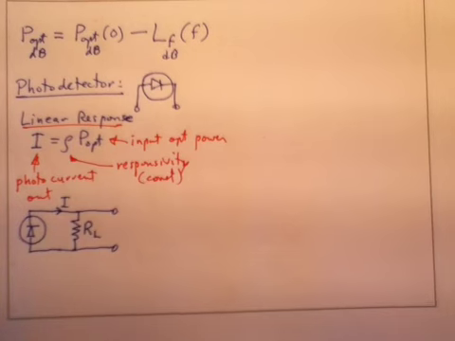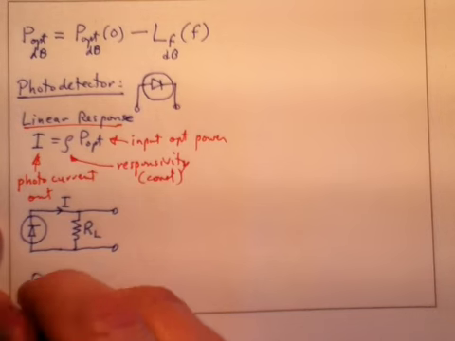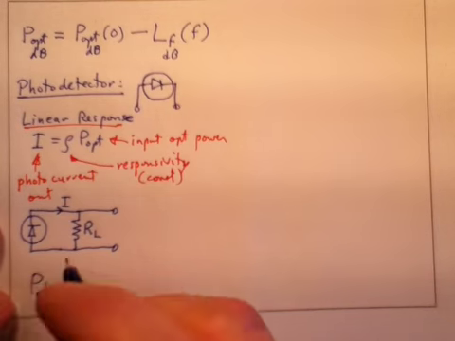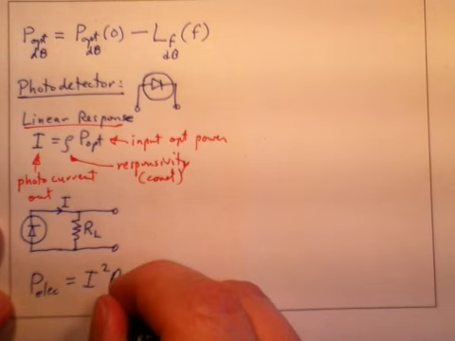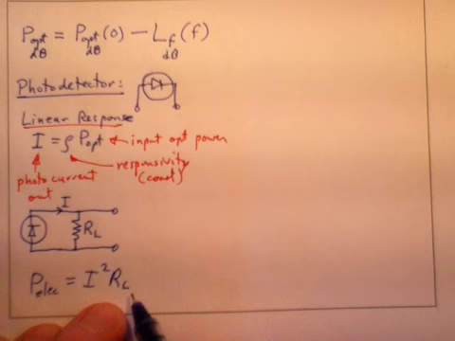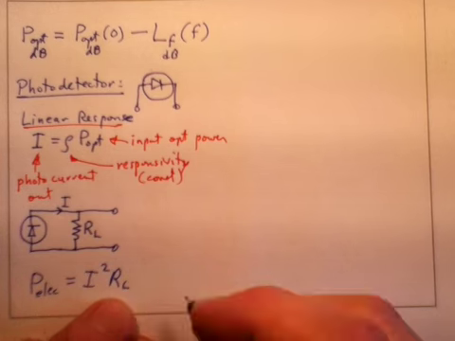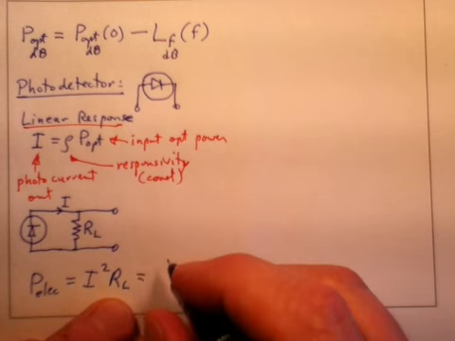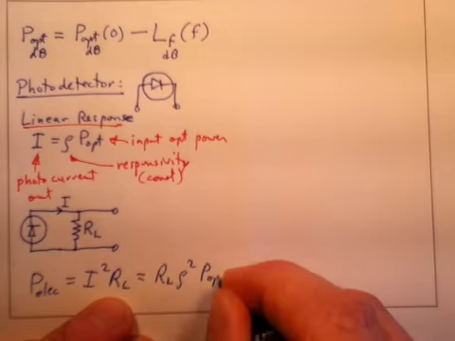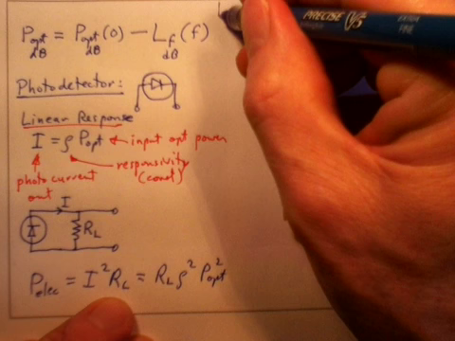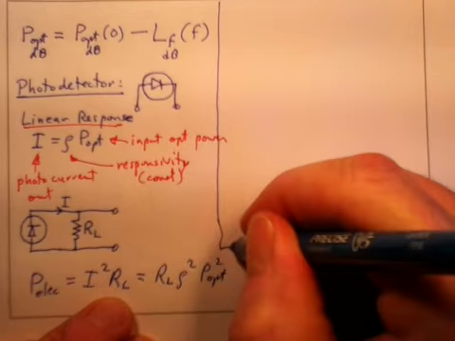Now we can write that the electric power is I squared R, the photocurrent squared times the load resistor. I can in turn write this as R_L rho squared P optical squared. I'm going to finish the derivation over on the other side.